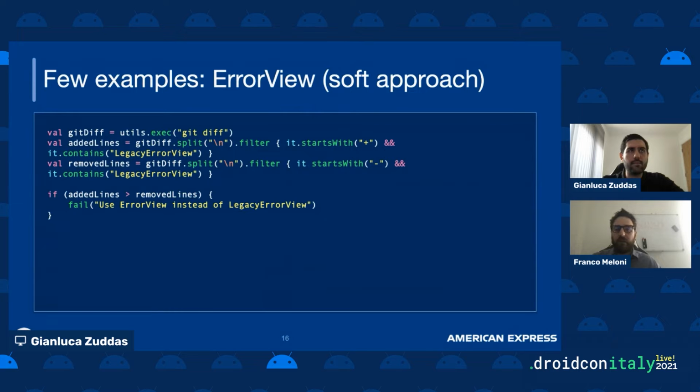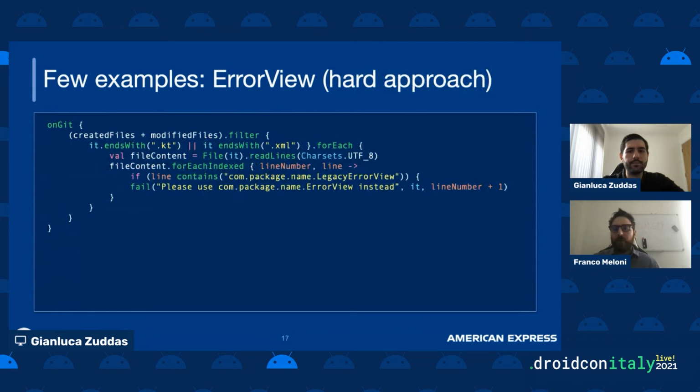So if the added lines are more than the removed lines, it fails, suggesting to migrate from the legacy error view to the new error view. But it tries to understand, for example, if you were just reindenting the code or just moving the legacy error view around, or if you were actually adding a new instance of it.